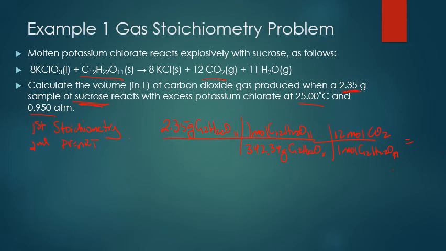And when I get that, I'm going to end up with 0.0823 moles of CO2. So now that can be my value for n. So I have P, T, and n, so I can solve for V.